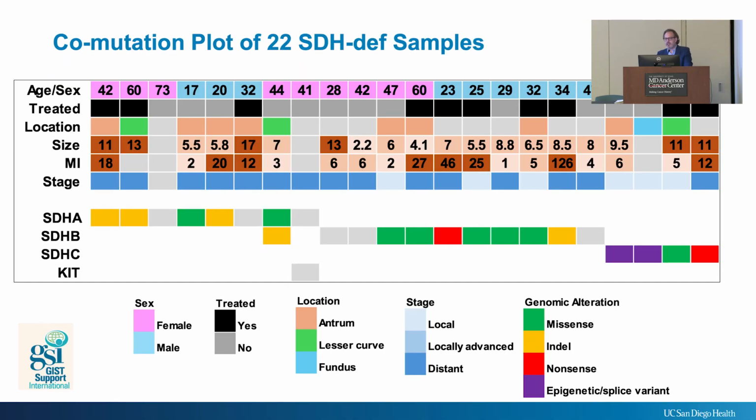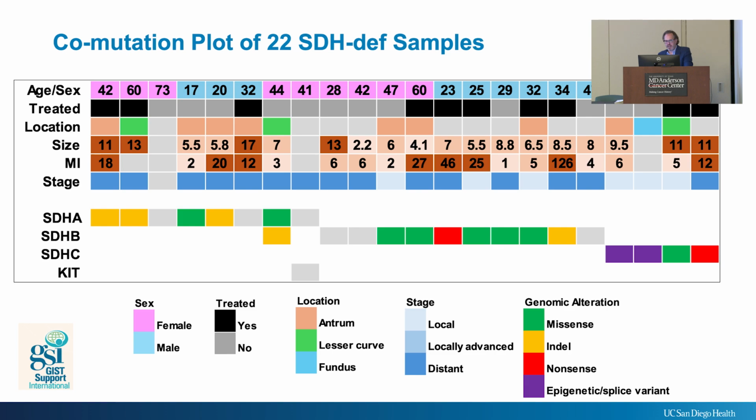And so we collected 22 SDH-deficient GIST, which, as you can imagine, is not easy for a rare disease. And we started looking individually at the cells and looked at the RNA expression and could start doing more sophisticated analyses.